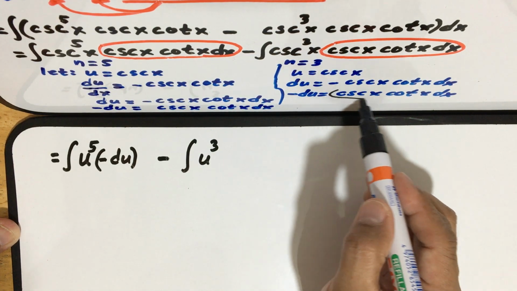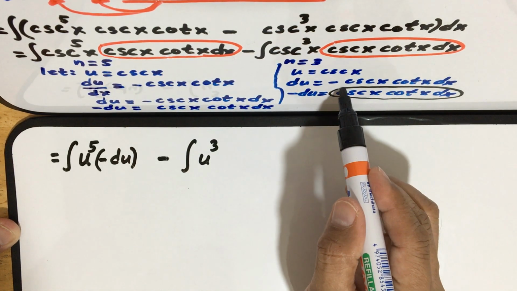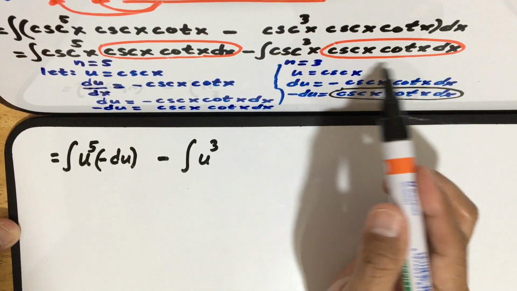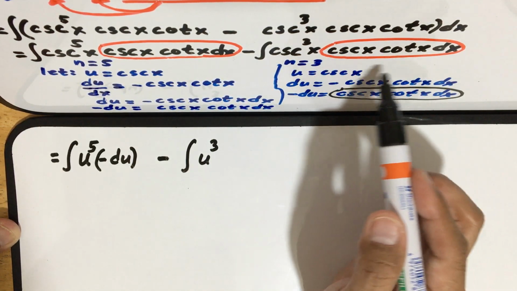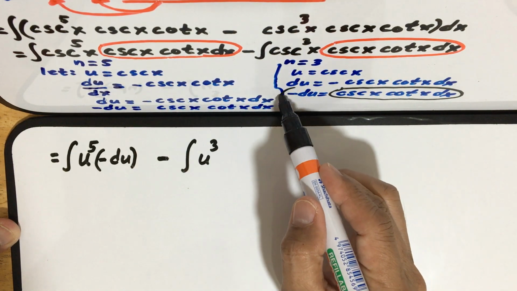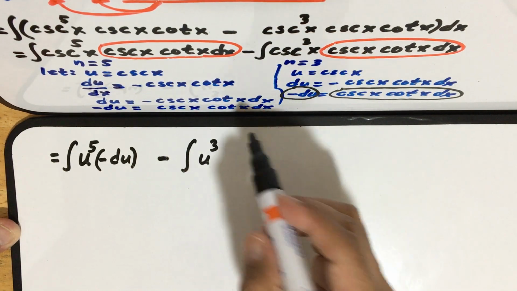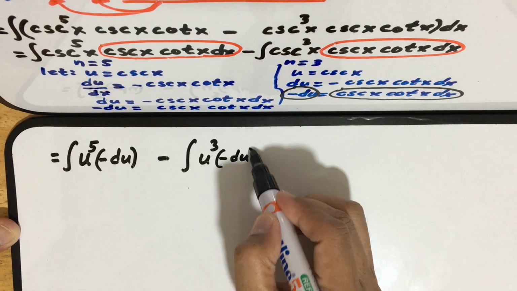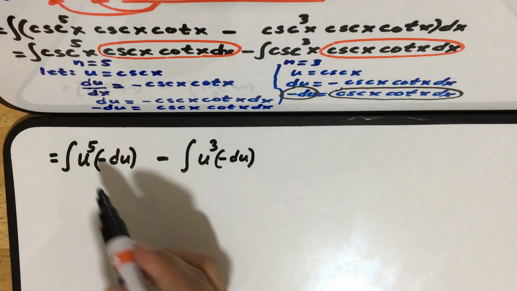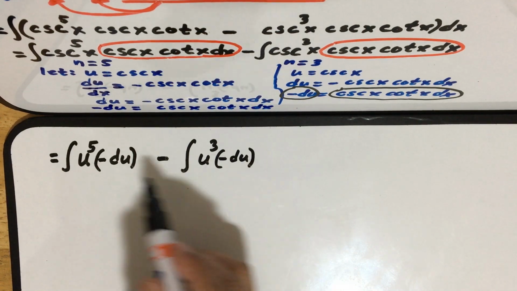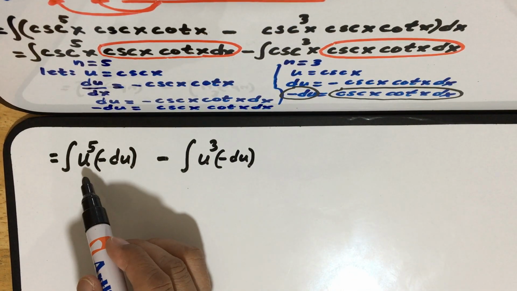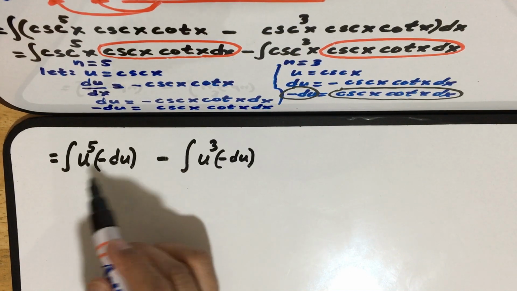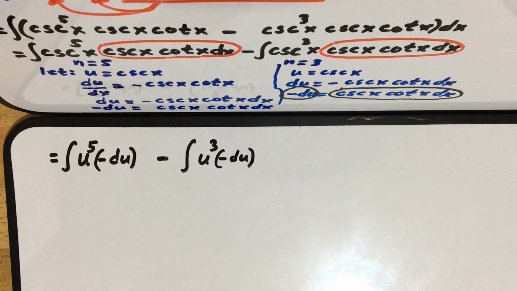So this is what we are going to replace by its equivalent, negative du. So this is times negative du, similar to our first term. Make sure that you put that inside the parentheses, otherwise you might wrongly read it as u to the fifth minus du. So be careful.